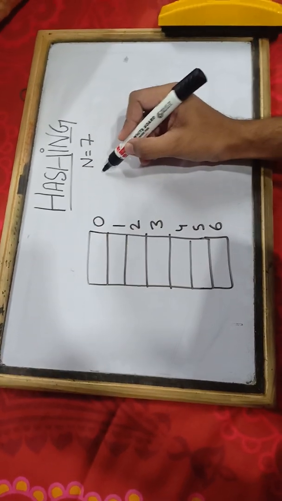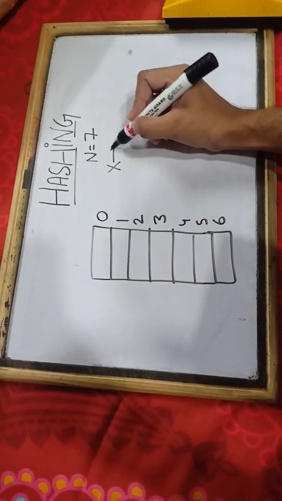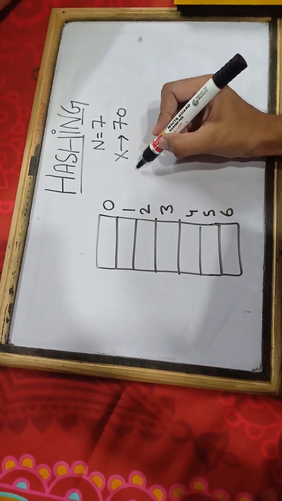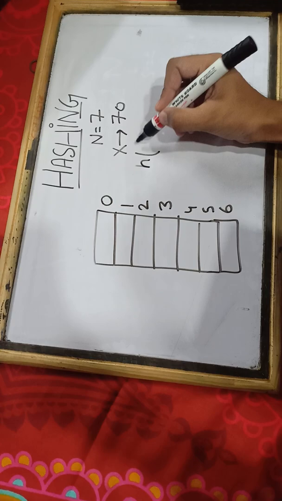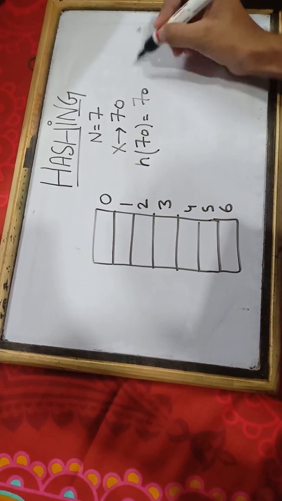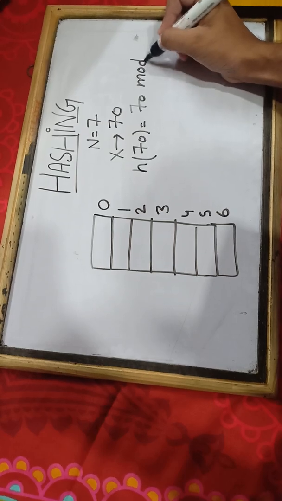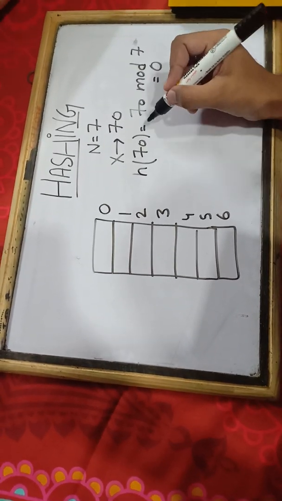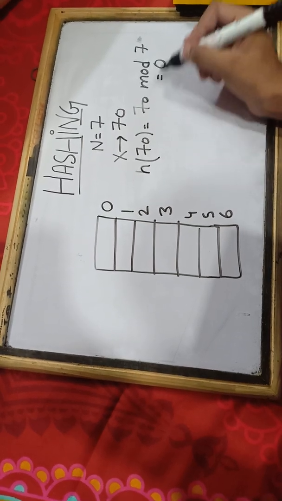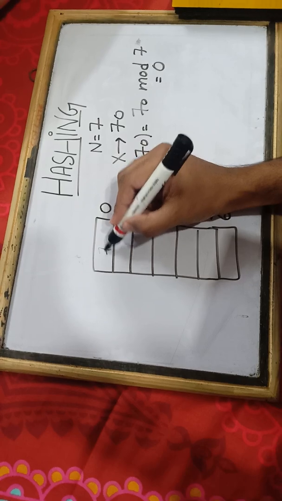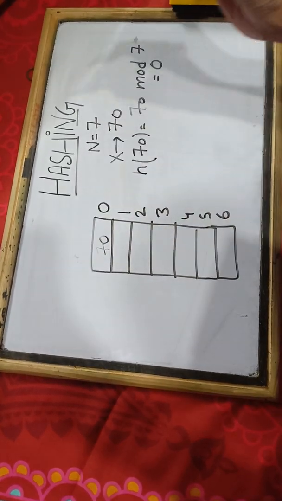Let's say the first key to be inserted is 70. We will first find out the hash function. That would be h of 70 equals 70 mod 7, and we know this is equal to 0. So 70 will move to index 0. We will write 70 over here in the hash table.